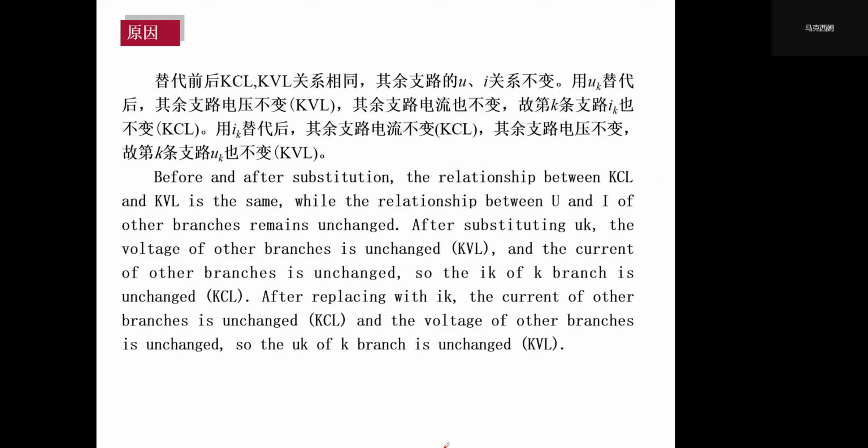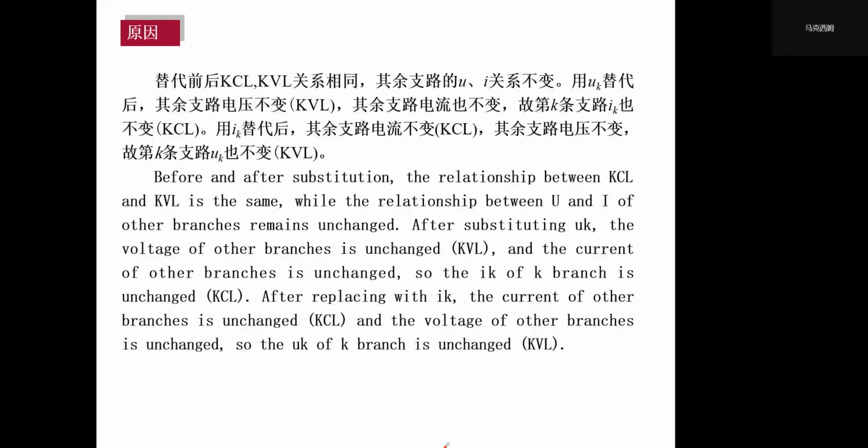The voltage and current will not change. All this comes from the relationship of KCL and KVL.